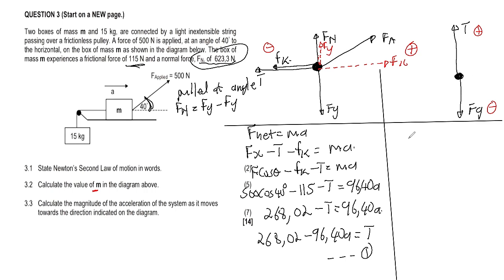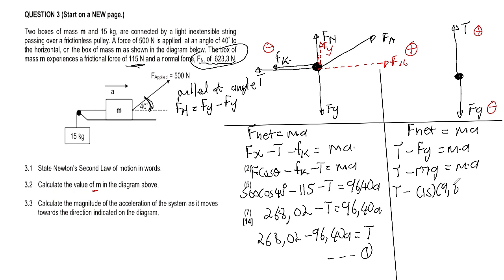Now, to do my F net for this one here, that's T minus Fg is equal to mass times acceleration. So obviously here I only have vertical forces to consider, no horizontal forces. Then T minus 15 times 9.8, and then 15A.